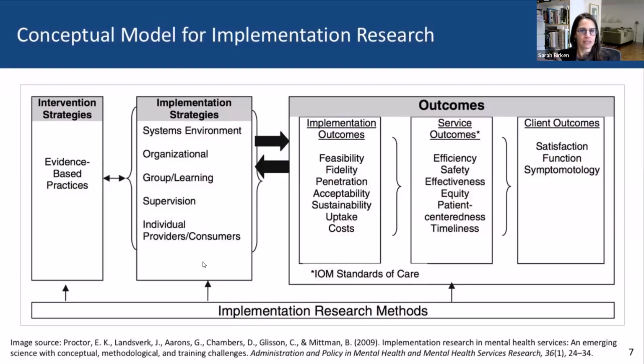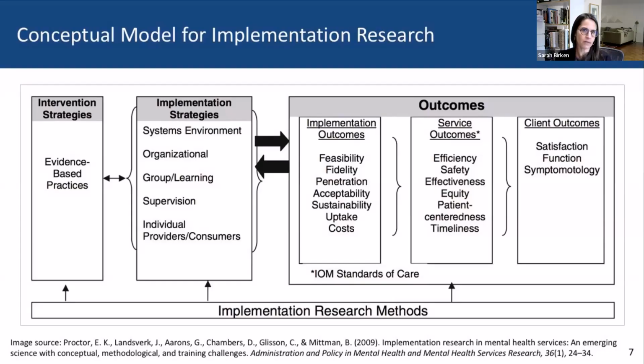So you may have seen what is currently on the slide, which is a model from Enola Proctor, who is laying out the relationship among the outcomes that we're interested in and how implementation fits in. Not too long ago, in 2009, the concept of implementation outcomes was pretty foreign to people.